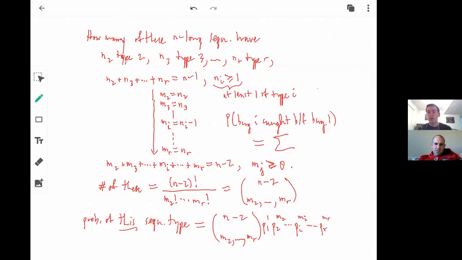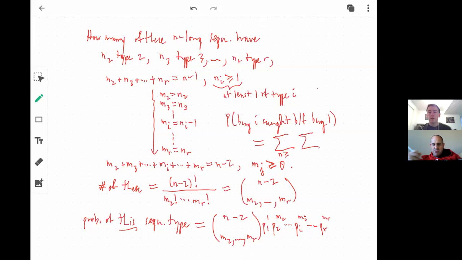So we would sum over n, for n greater than or equal to something.